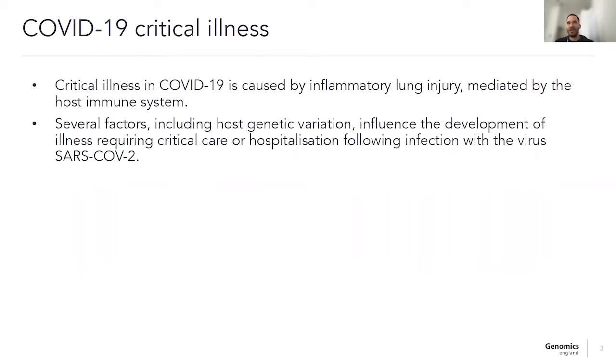This can lead to very severe disease that sometimes leads also to death. Several factors, including host genetic variation, which is the objective of our study, influence the development of illness which requires critical care or hospitalization following infection with the virus. Next slide.